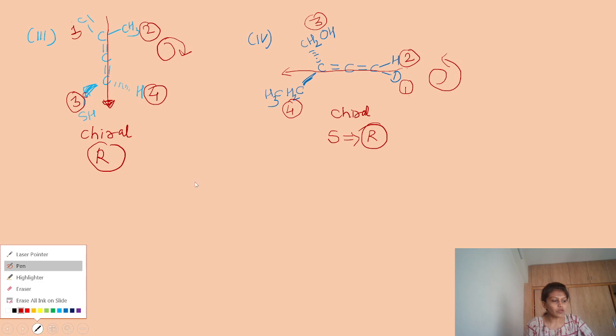Suppose I give another example to you, the fifth one. Carbon double bond carbon.